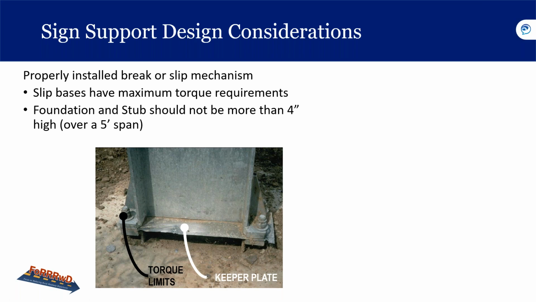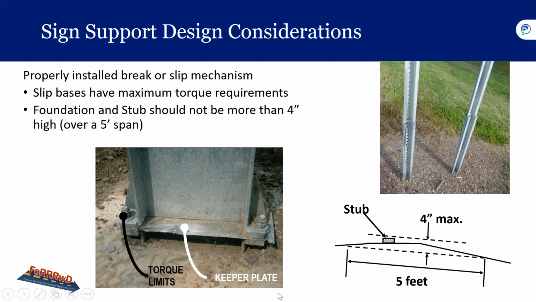Once the base breaks or releases, the stub should not stick up more than 4 inches, or it could snag a vehicle. So we can see here on the right this 4-inch max of the stub of a sign. That's something that we consider when we install these types of signs.